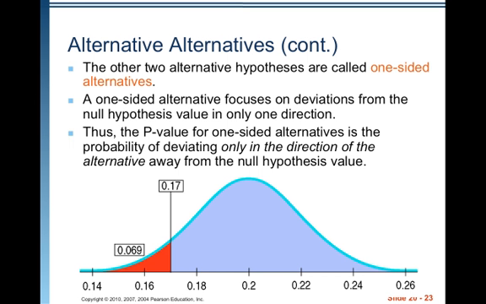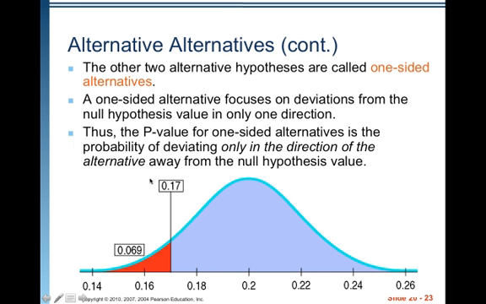The other two hypotheses are called one-sided alternatives. A one-sided alternative focuses on deviations from the null hypothesis in only one direction. Thus, the p-value for our one-sided alternatives is the probability of deviating only in one direction of the alternative away from the null hypothesis value. So if we think our proportion is really less than 0.2, we would only be interested in the area to the left of the observed value.